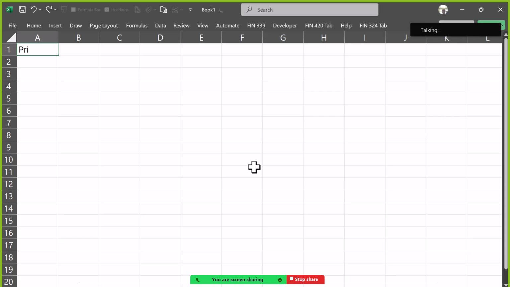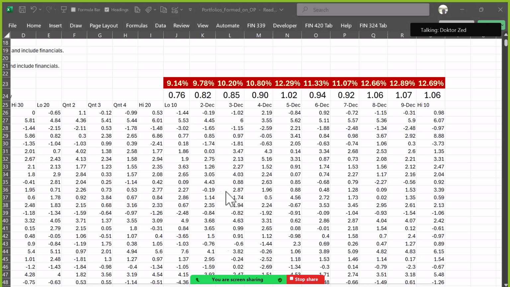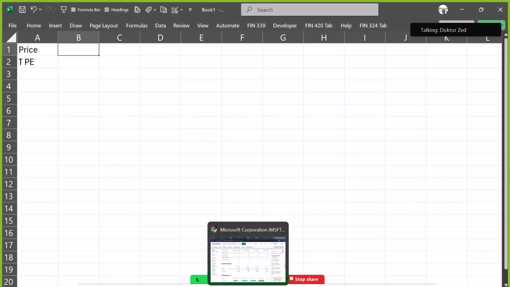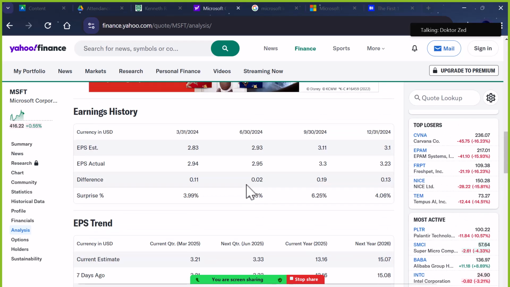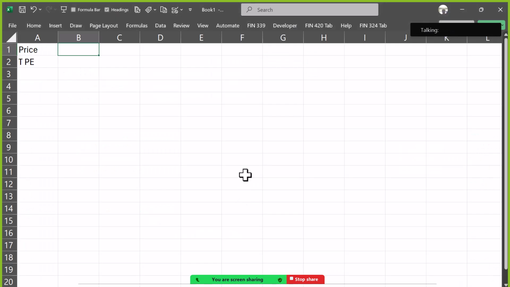I'm going to do price, PE, let's call it trailing PE. And let's see for NVIDIA. I'll do it for both companies, but this is Microsoft.